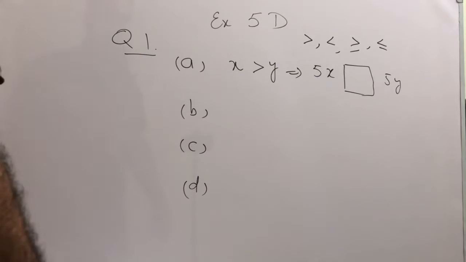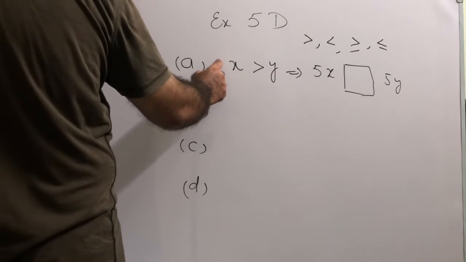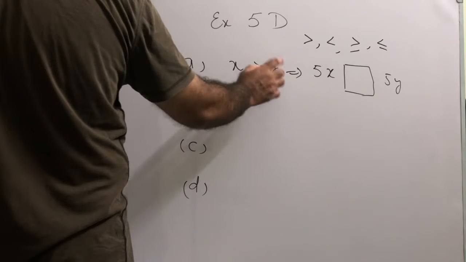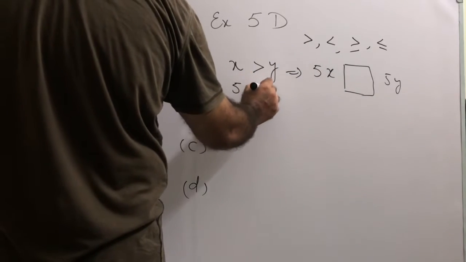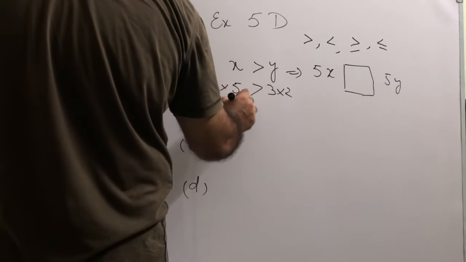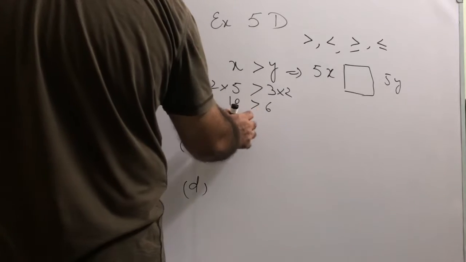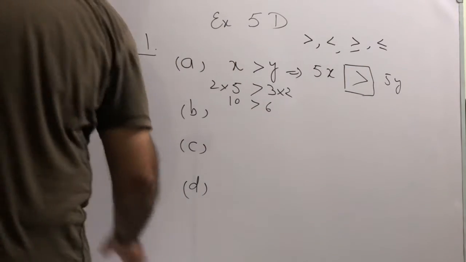So see, if x is greater than y and we multiply the same thing on both sides, it will still be greater. Let's suppose 5 is greater than 3. If we multiply both sides by 2, it becomes 10 is greater than 6. So it is still greater than. So we will put the greater than symbol here.